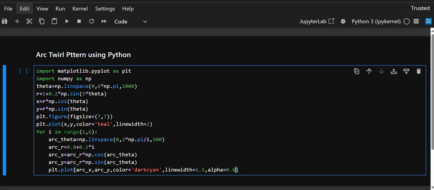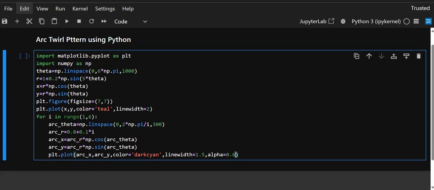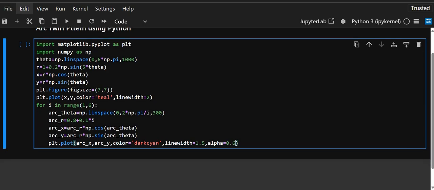And here arc r, the radius for each arc, starts at 0.8 and increases by 0.1 times i in each iteration. This creates expanding arcs with each loop iteration. So here arc x and arc y calculate the x and y Cartesian coordinates for each arc.